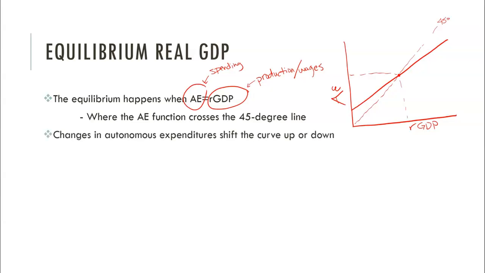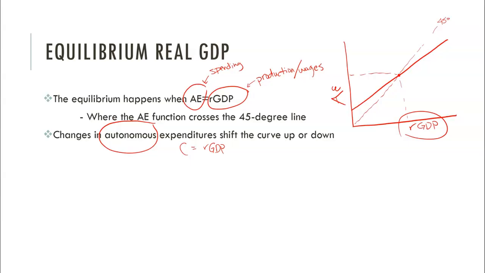Any change in autonomous spending or autonomous expenditures is going to shift that curve up or down. So autonomous expenditures means it's not determined by the level of real GDP. So a good portion of consumption is determined by real GDP because real GDP represents wages or disposable income.